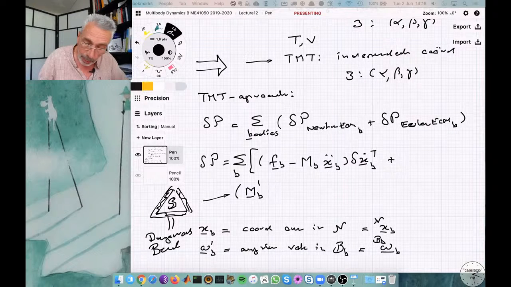Anyway, then I have all the inertia contributions, and that is of course for the Euler equation a bit more complex.